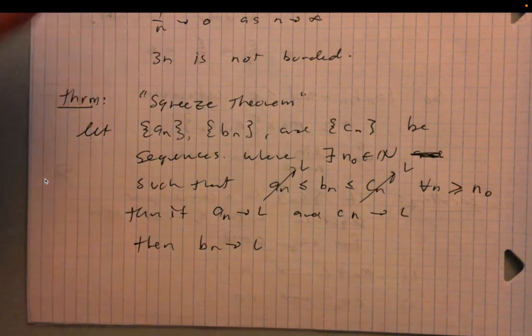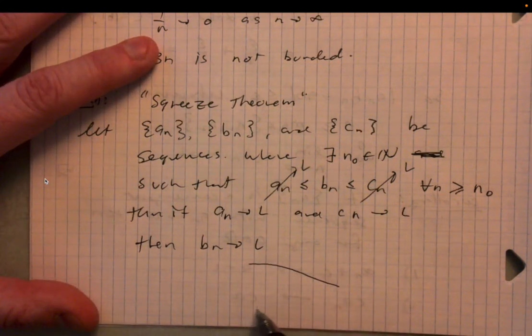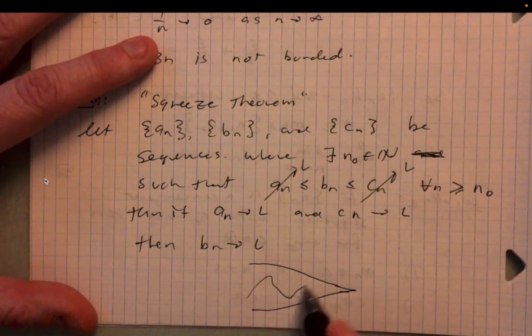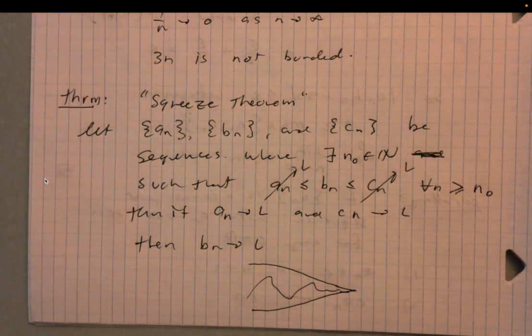And so that's the idea of squeezing the thing down. So b sub n may do whatever, but as long as b sub n is between a and c, then if those two go to L, then b goes to L as well. All right, so this is the famous squeeze theorem from calculus.